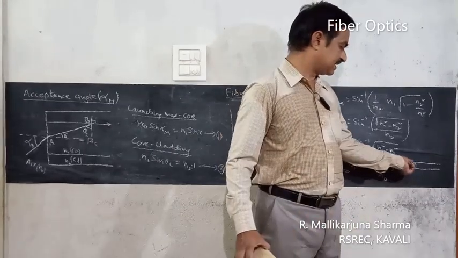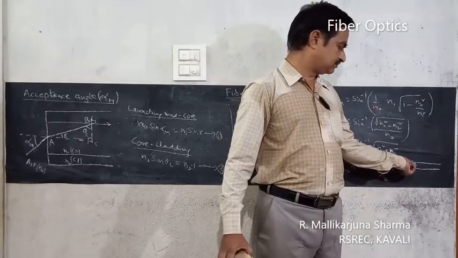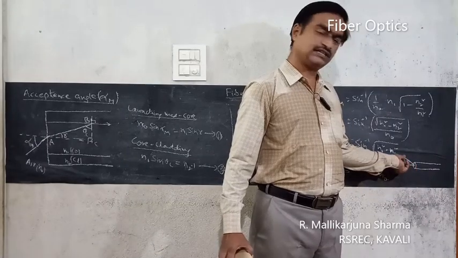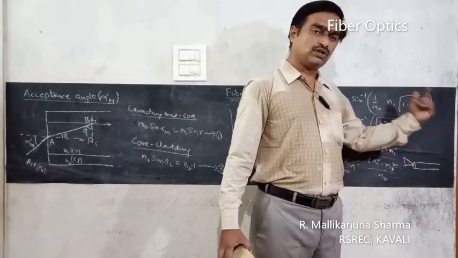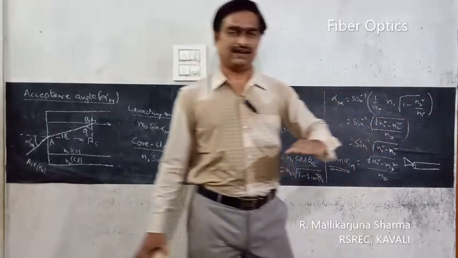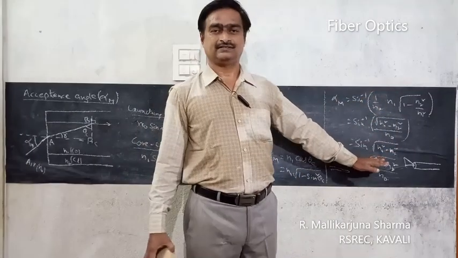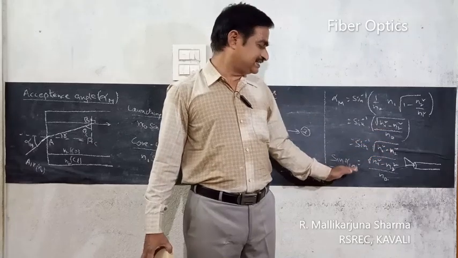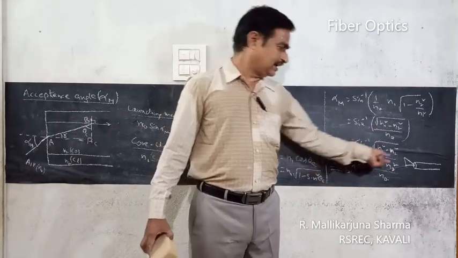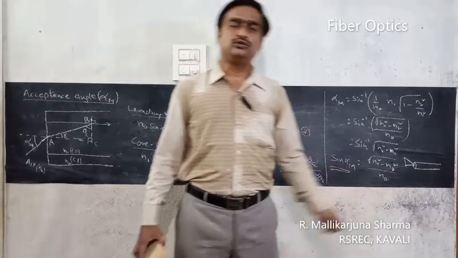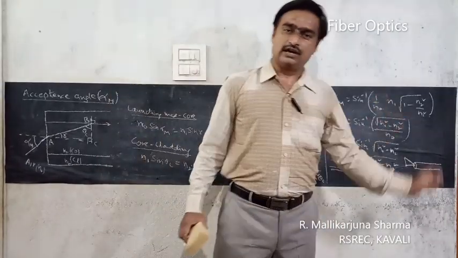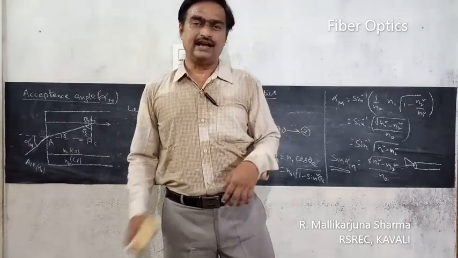It is the opposite side divided by the hypotenuse, the highest value, so it is a fraction, and that fraction indicates the light rays entering the material. That's why it is called aperture, numerical aperture.